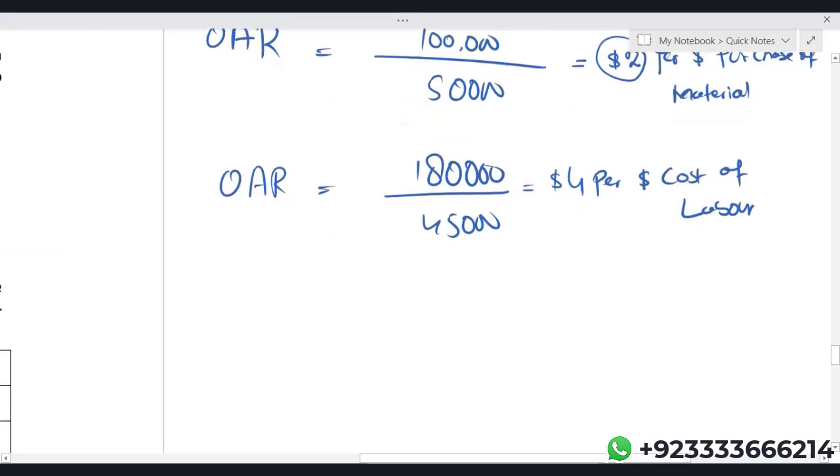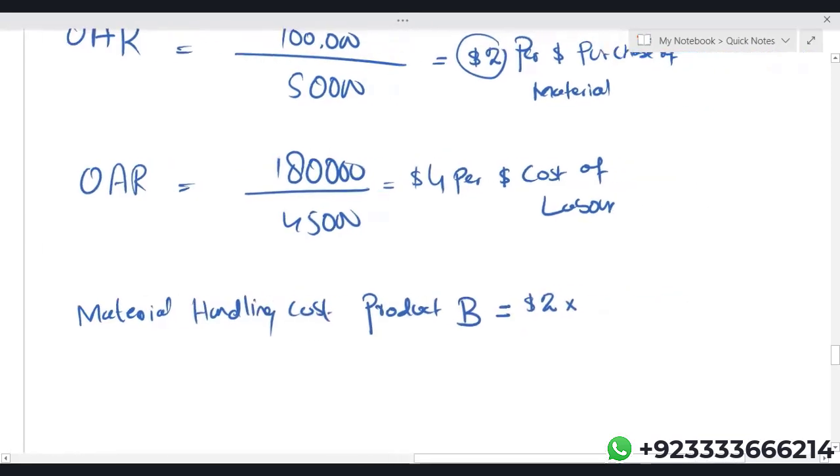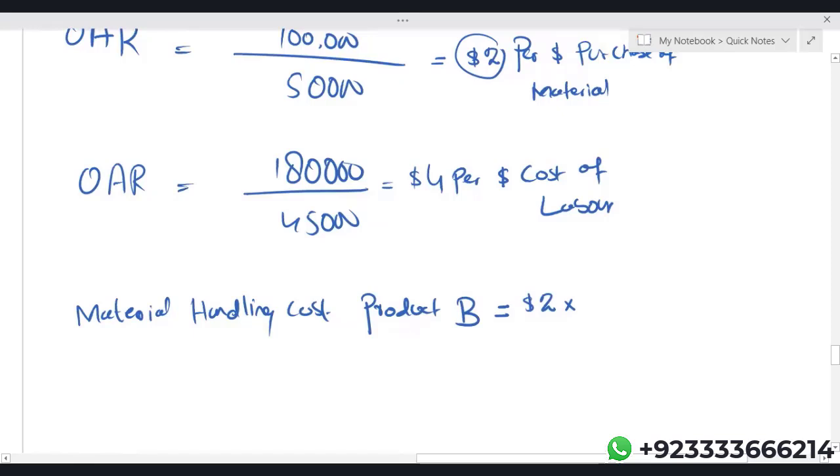So the material handling cost for product B is $2 per $1 purchase of material. In order to manufacture 1 unit of product B, we have to purchase material of $20. So on handling cost, you have to bear $40.